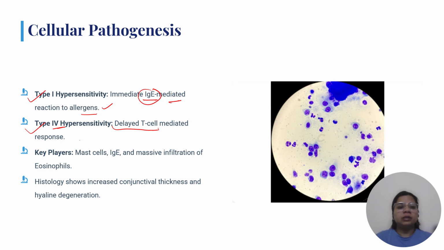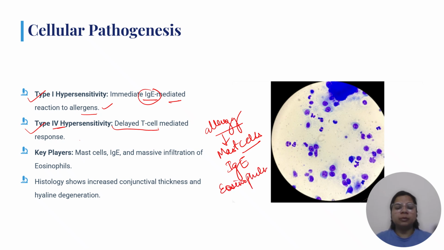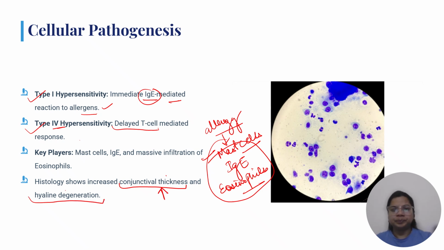The key players in any case of allergy are the mast cells, the IgE, and the eosinophils. Histology shows increased conjunctival thickness and hyaline degeneration.